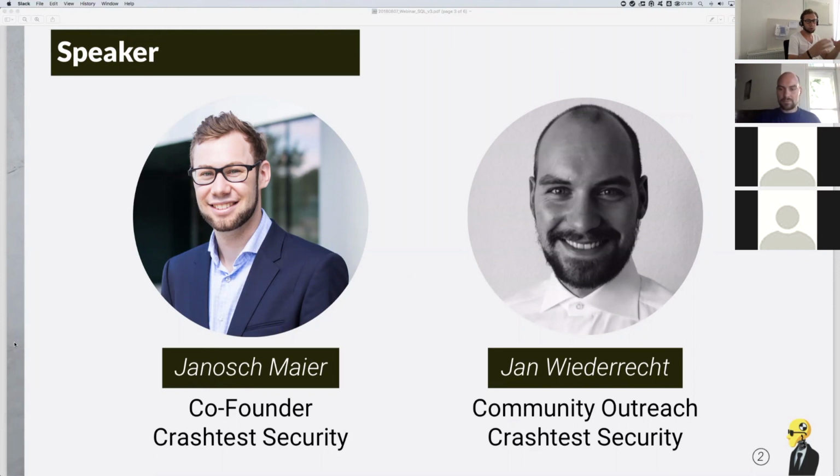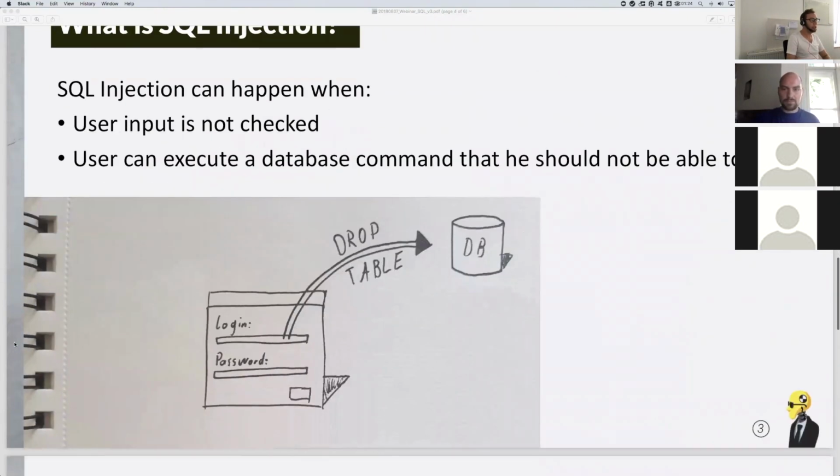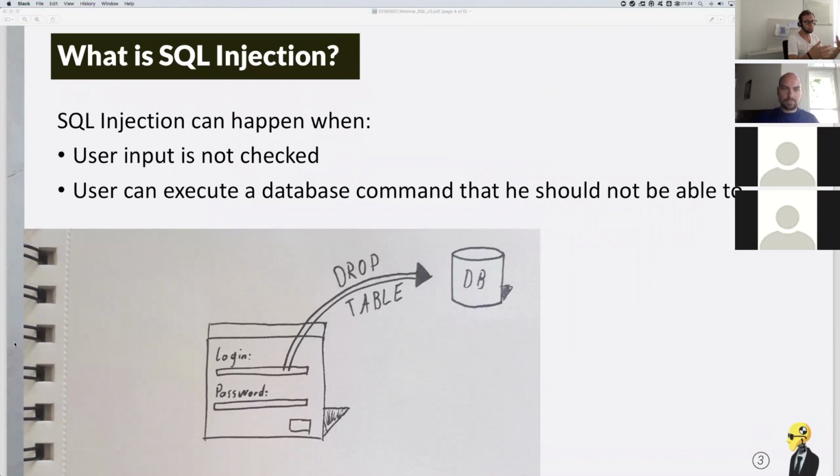I don't want to just talk about it, but really show you hands-on what SQL injections are and how they work. Basically, what happens in an SQL injection is that you are entering some arbitrary information which you're not supposed to enter, for example, in a form.